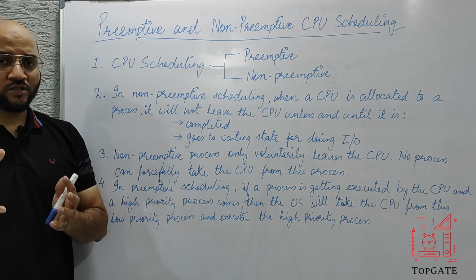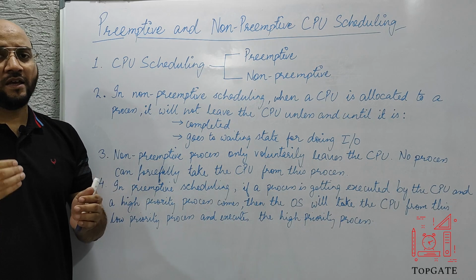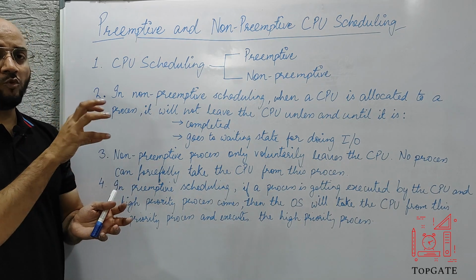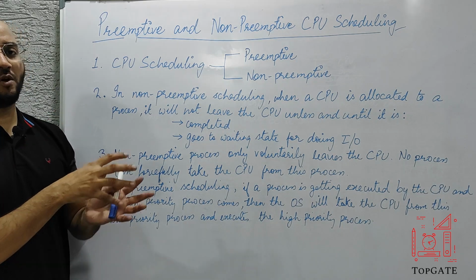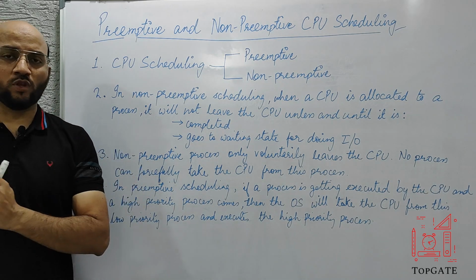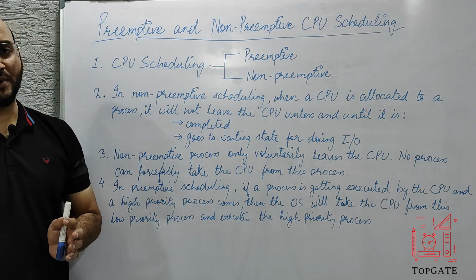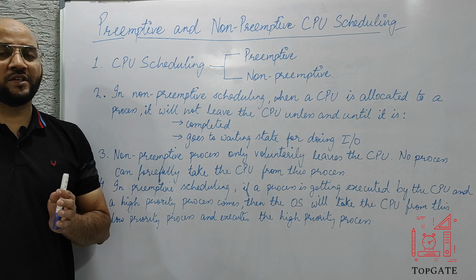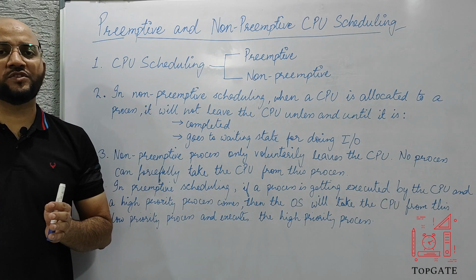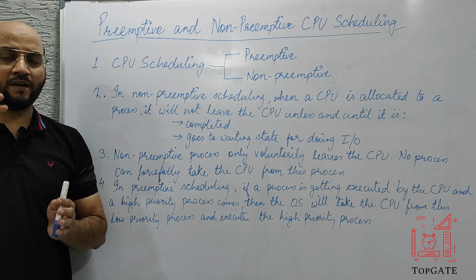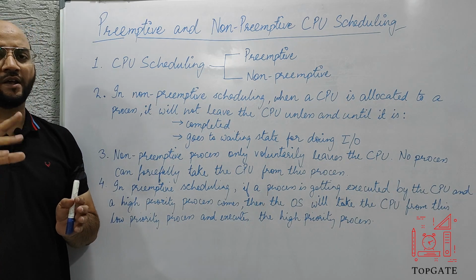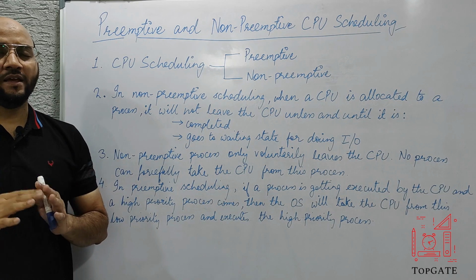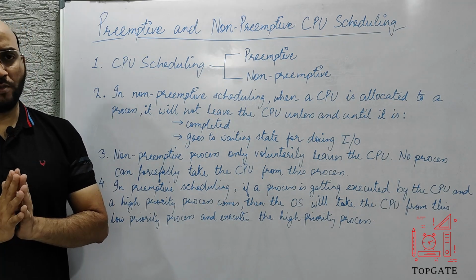So the operating system will see everything, and if it agrees to the request, it will remove the low priority process from the CPU, send it to the waiting state, and execute this high priority process. So in preemptive scheduling, a process comes for execution on the CPU, then again it leaves the CPU, goes to the waiting state, again comes to the CPU, again goes to the waiting state, and so on. And finally, it completes its work on the CPU burst.